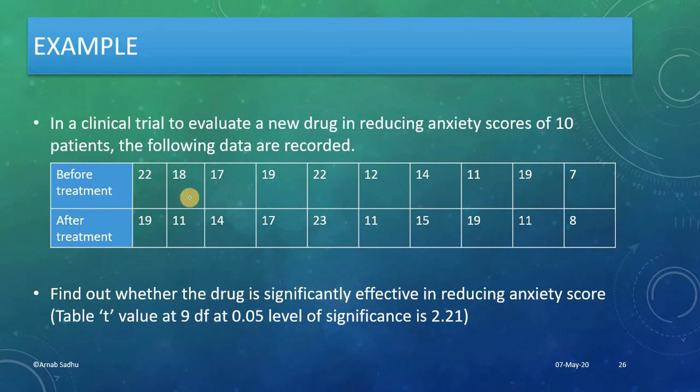So these are some data before the treatment with the drug on 10 patients, and also we collect the same anxiety score after the patient has been treated with the drug. So we want to test whether the drug is significantly affecting in reducing anxiety score with a 0.05 significance level.